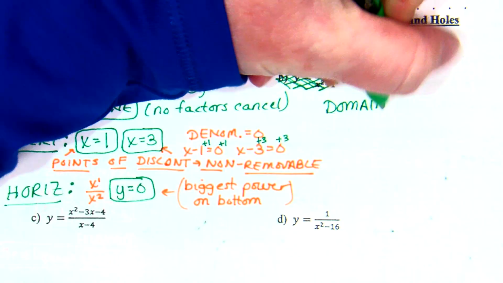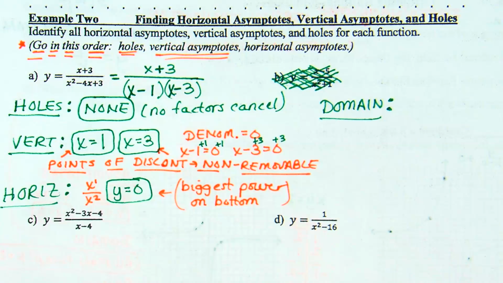All reals except those 2 points. Domain is all reals except any holes or vertical asymptotes. What did we have? 2 vertical asymptotes, right? So all reals except x equals 1 and x equals 3.